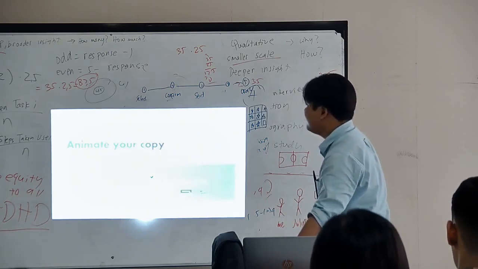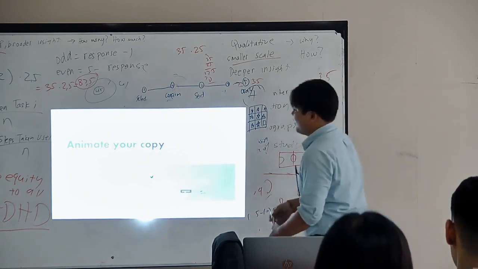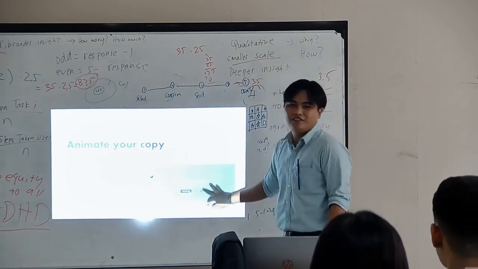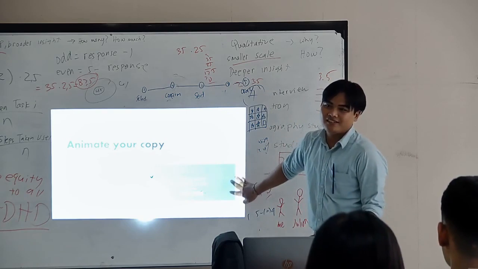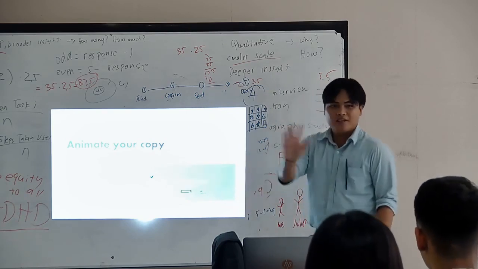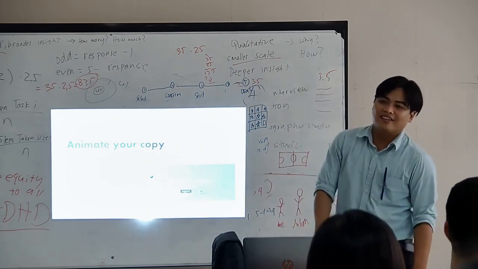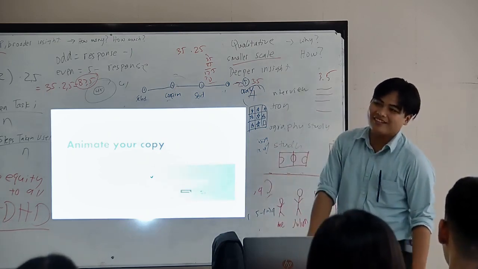And then this is optional, but you can animate your copy because this is the easiest thing to attract attention. If something is moving, changing color, it will directly attract someone's attention.